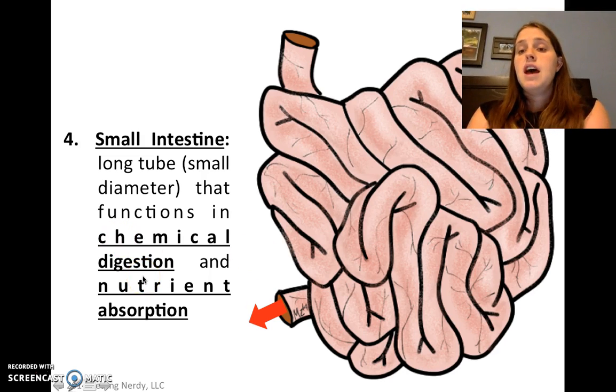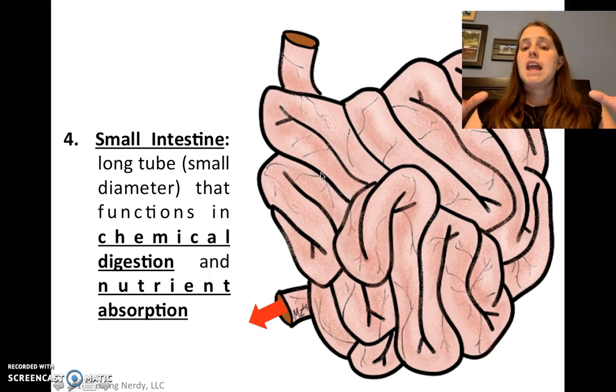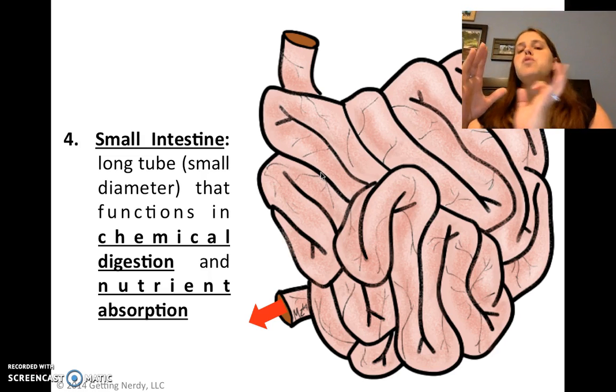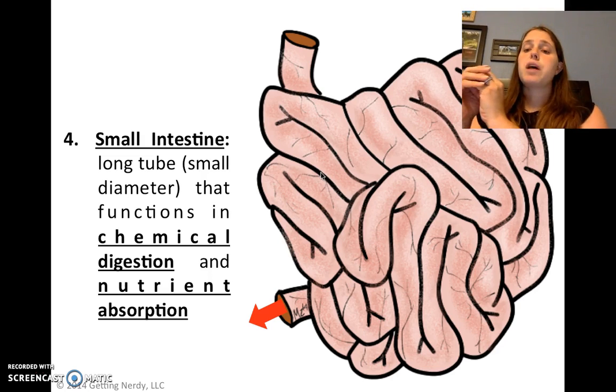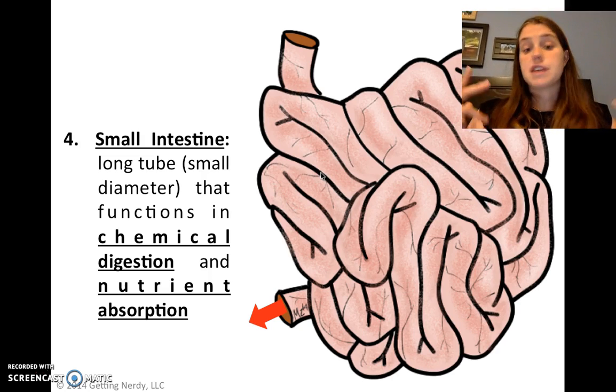There are more enzymes in the small intestine, and they break down the food further and start taking out the nutrients. So they're responsible for nutrient absorption. There are a lot of blood vessels, and the nutrients actually diffuse, if you remember that word. They move out of the small intestine into those blood vessels, into the bloodstream, where all those nutrients can be taken to all the cells of your body.